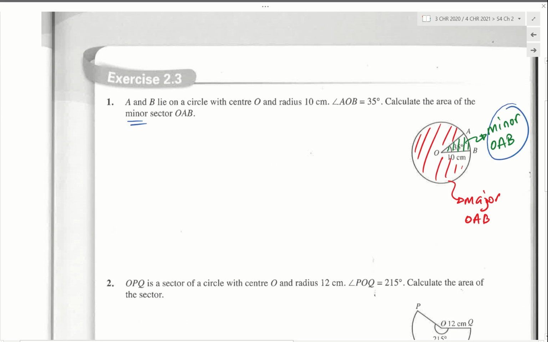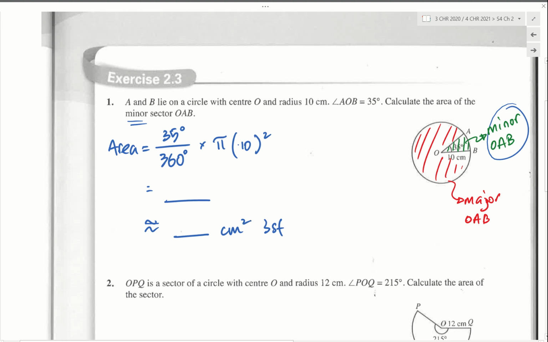So what is the angle? Area is 35 degrees over 360 degrees times pi r squared, radius is 10. Calculator, get a value, round off to 3 SF. Okay, what is the value? 30.543. Okay, so round off to become 30.5.